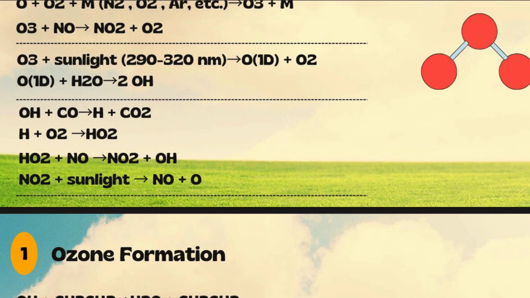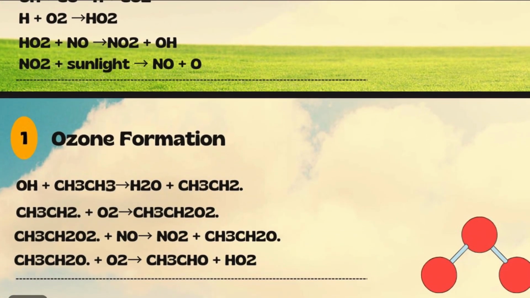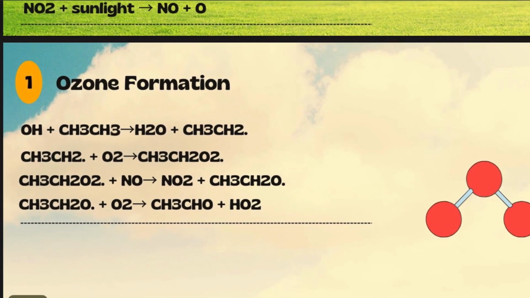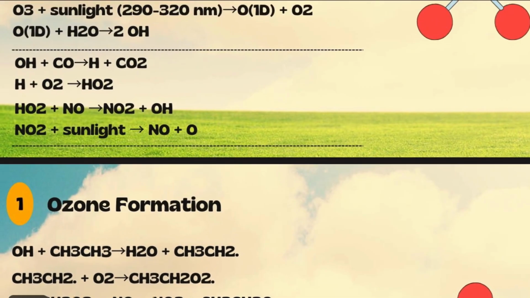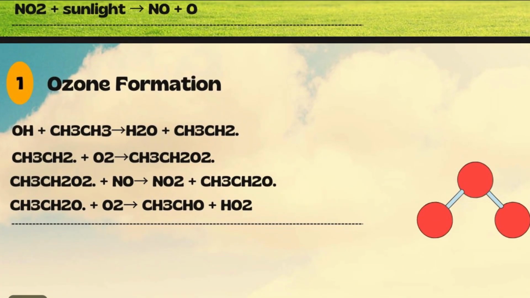Then HO2 further produces NO2, and this NO2 then initiates the cycle again. Or the hydroxyl radical which is produced here, rather than reacting with carbon monoxide, reacts with organic moieties to produce NO2. This NO2 then breaks down like this, and it further starts this reaction to produce ozone. Or the ethoxy radical which is produced here can react with oxygen to form a hydroperoxy radical.